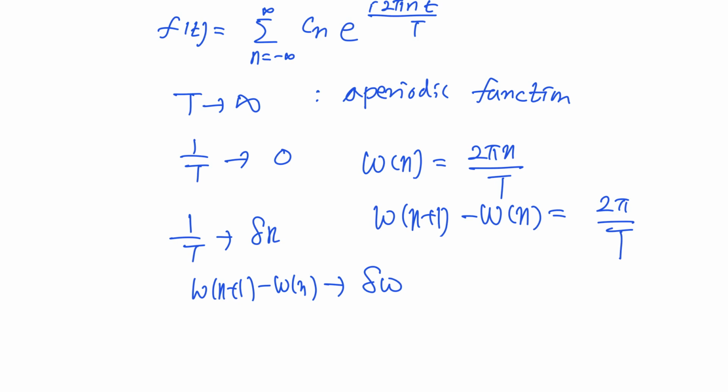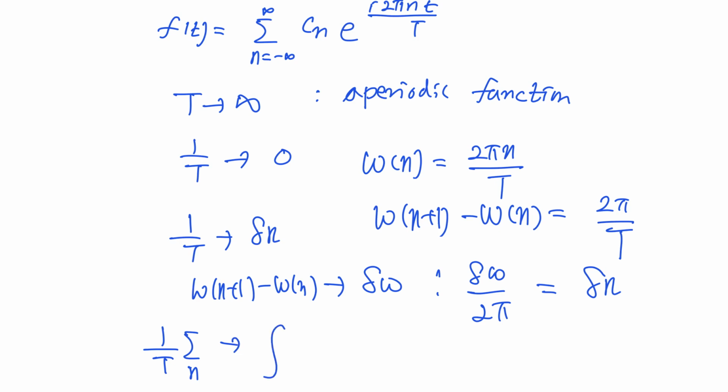Then you can say delta omega divided by 2 pi is the same as delta n.